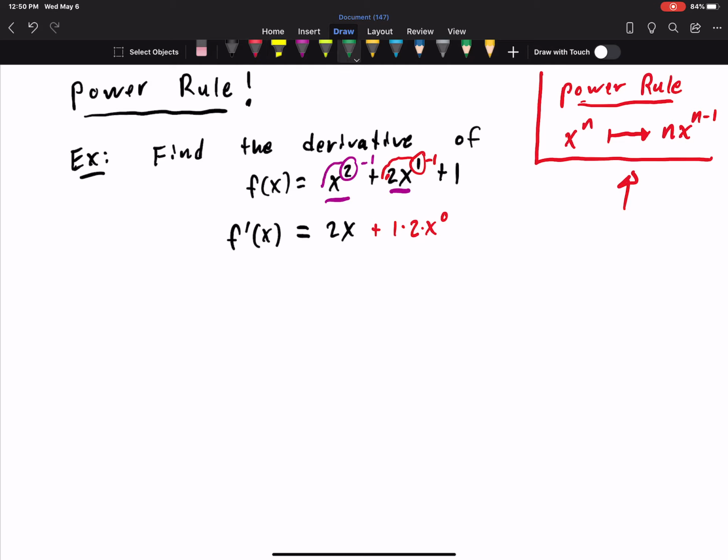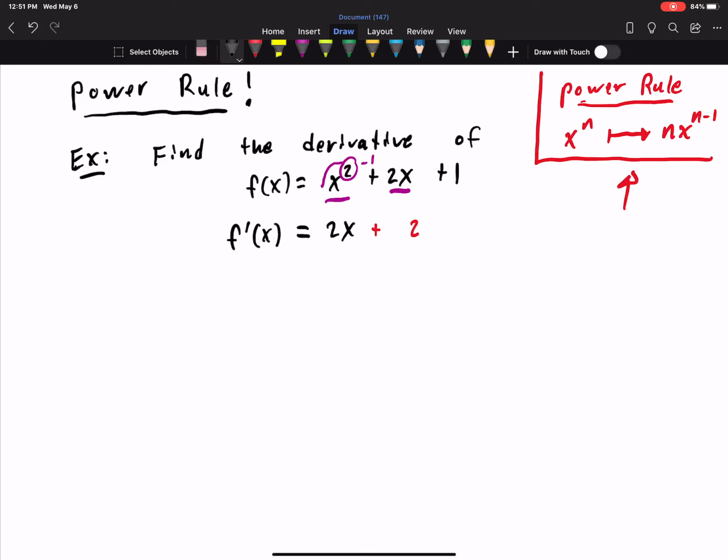This x to the 0th is equal to 1, so we can erase it and just write 1 instead. 1 times 2 times 1 is just 2, so you can erase these 1s. As a shortcut, when you have a constant times x, the x just goes away, leaving you with whatever was in front.